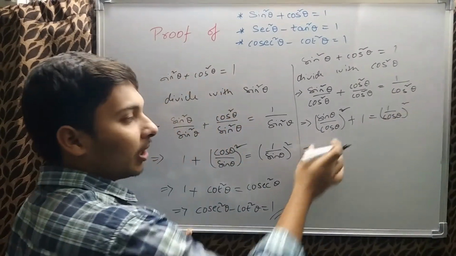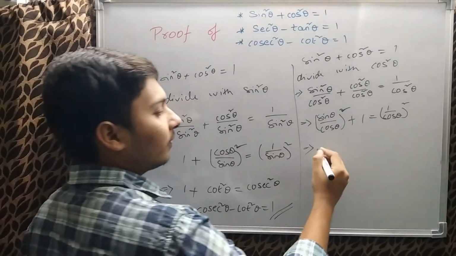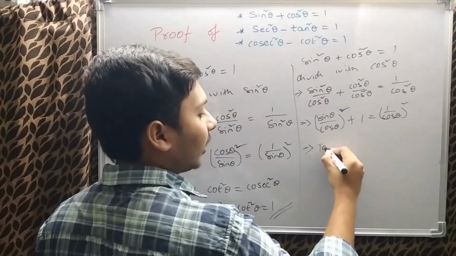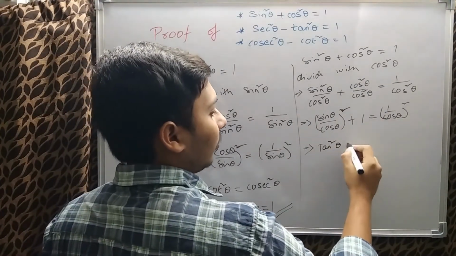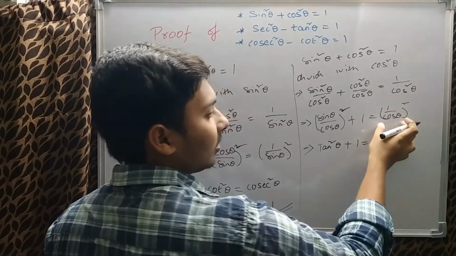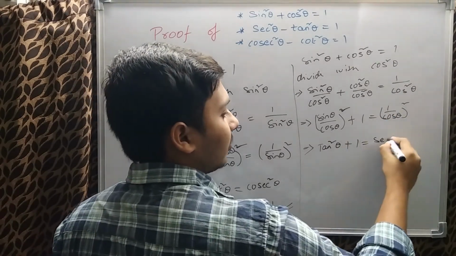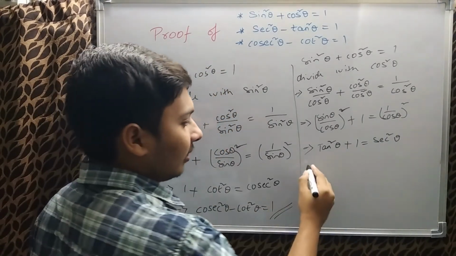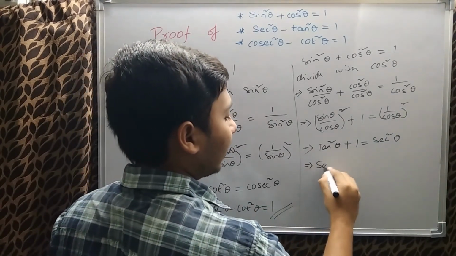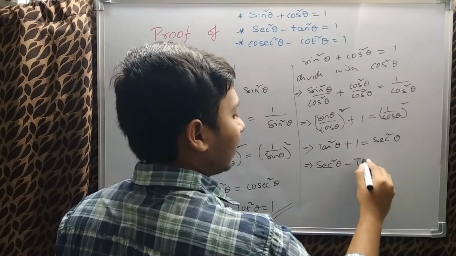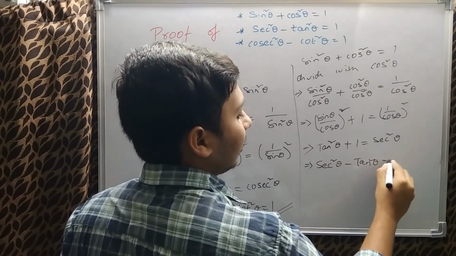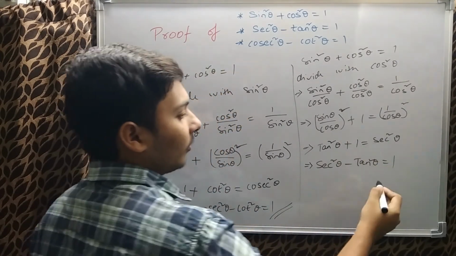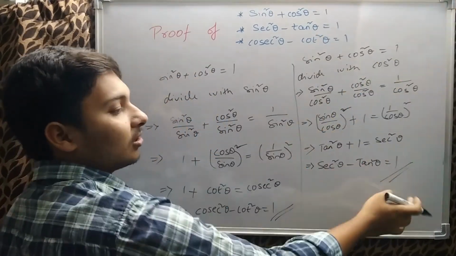We know that sin theta by cos theta is tan, and 1 by cos theta is secant. So tan square theta plus 1 is equal to secant square theta. Taking tan square theta to RHS, secant square theta minus tan square theta is equal to 1. The second identity is also proven.